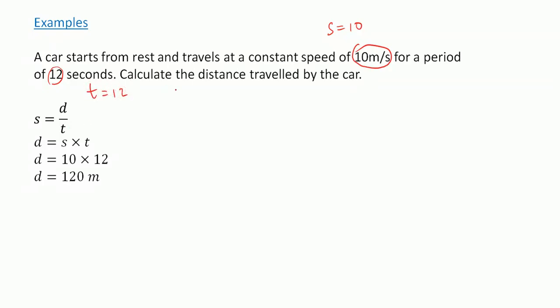Now we want to determine the distance traveled by the car. Now speed is distance over time, therefore distance will be equal to speed multiplied by time. So distance in this case will be equal to 10, which was the speed, multiplied by 12, which was the time, and this gives us 120 meters.